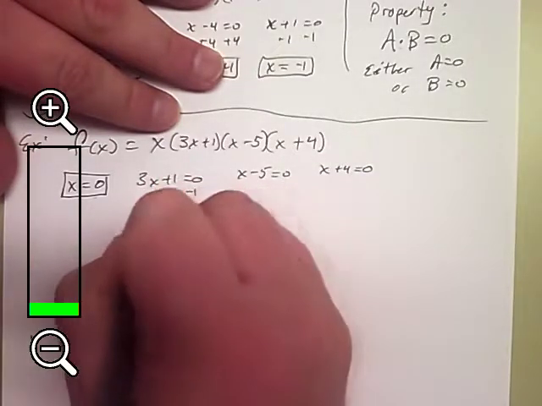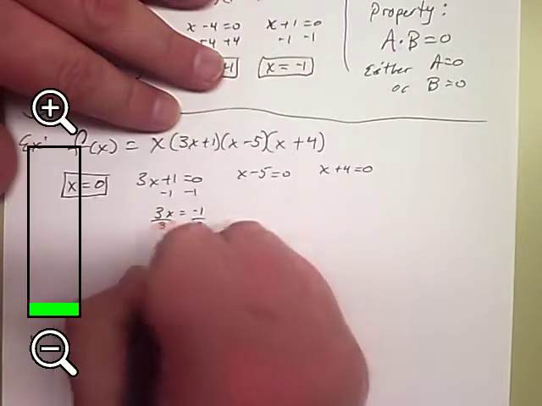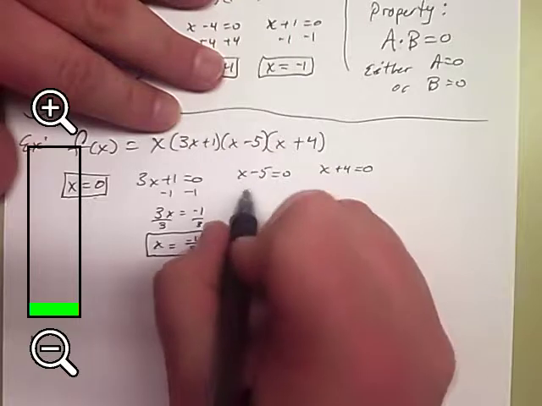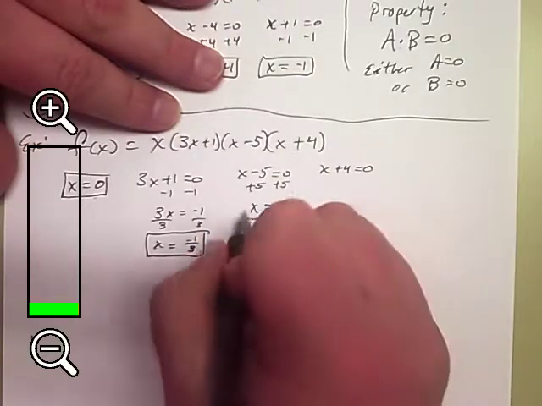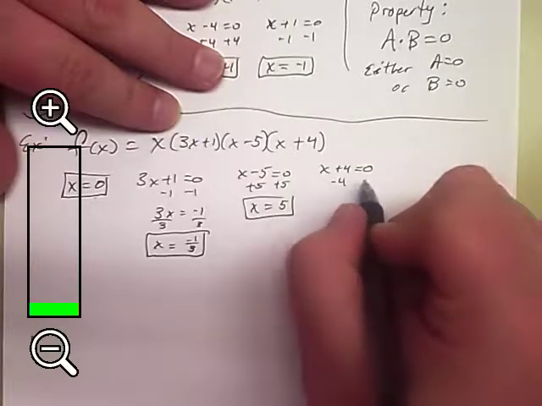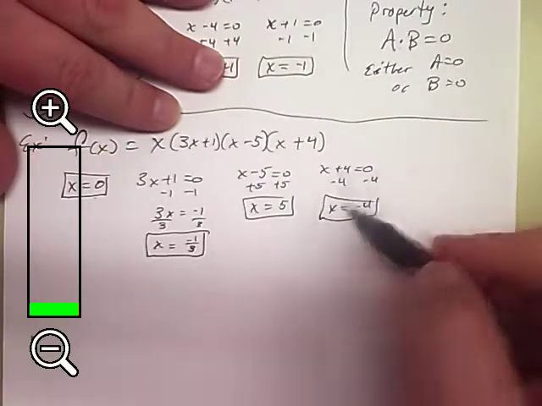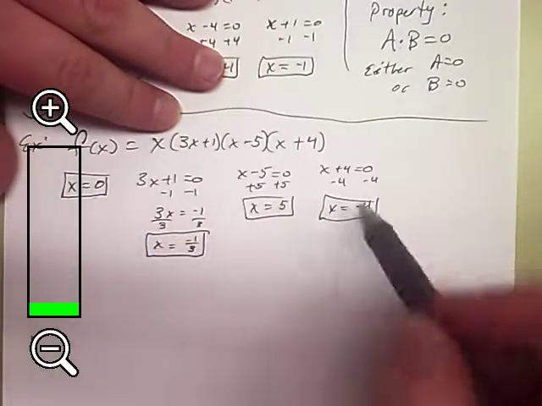Subtract 1. 3x is going to equal negative 1. Divide by 3. And x equals negative 1/3. Over here we add 5, so x would equal 5. Here we subtract 4, and x would equal negative 4. Right, and that's it. That's as far as I have to take it. I have found all of the zeros.